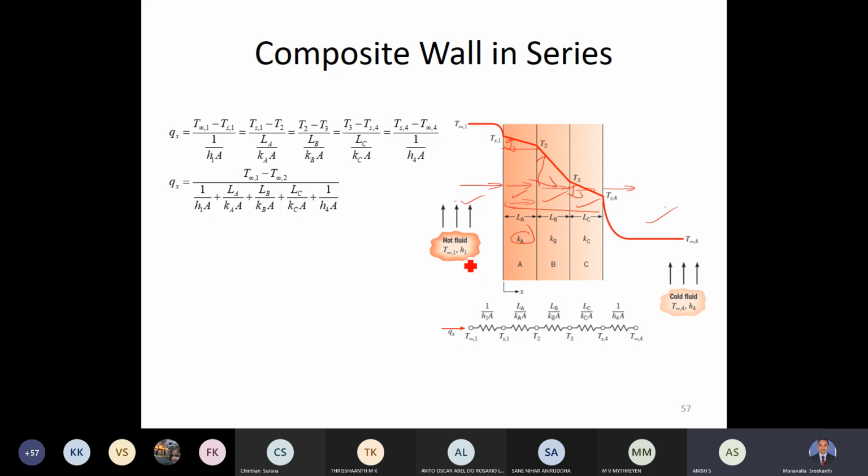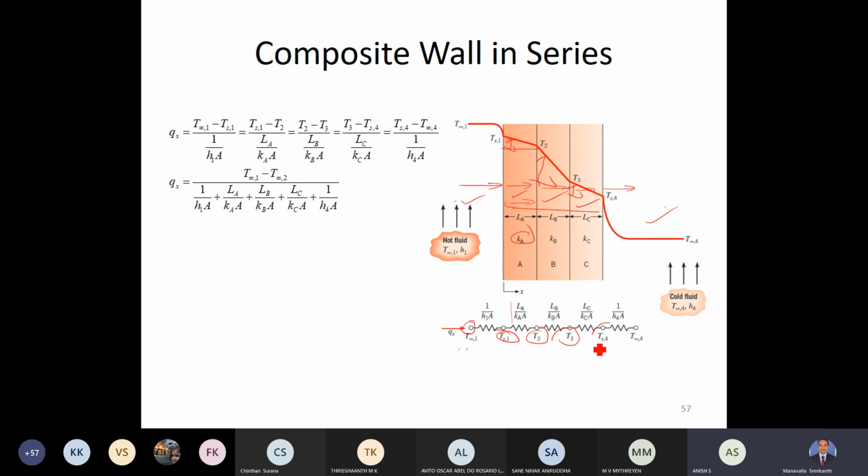You see here, the temperature of this fluid is T infinity, the one extreme temperature on the left hand side. This node is represented as T infinity, and this surface is represented as TS1. The next one is T2, the next one is T3, and the last surface is TS4.